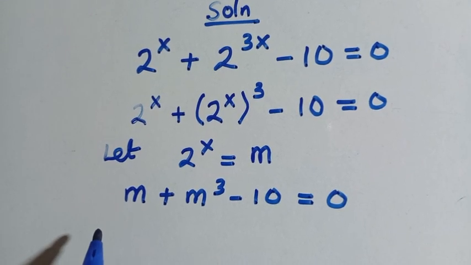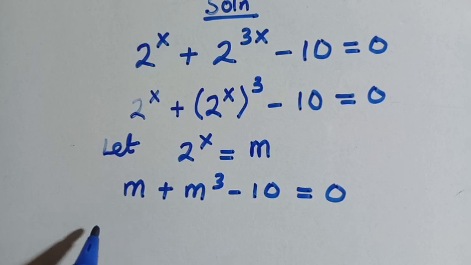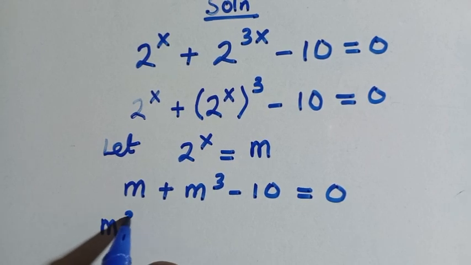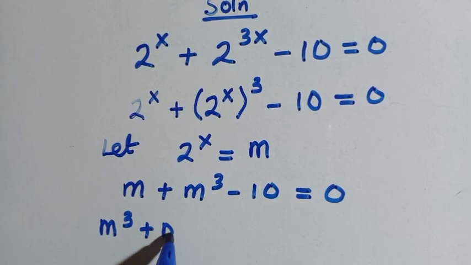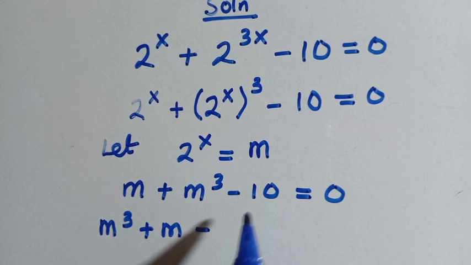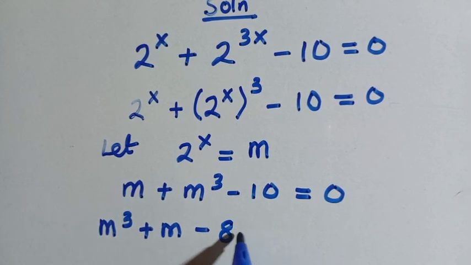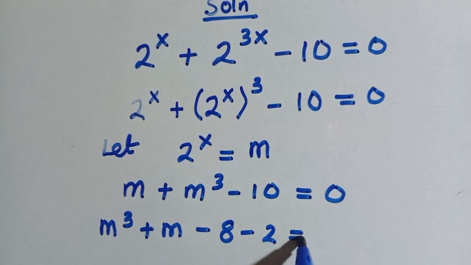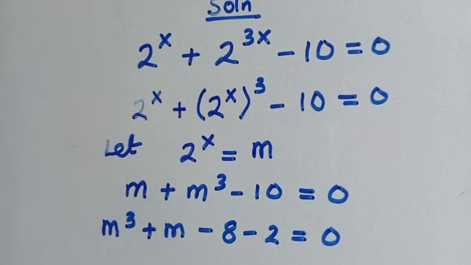So after having this, let's try to rewrite this as m cubed plus m minus 10. Let's break this 10 into minus 8 minus 2 equals 0.